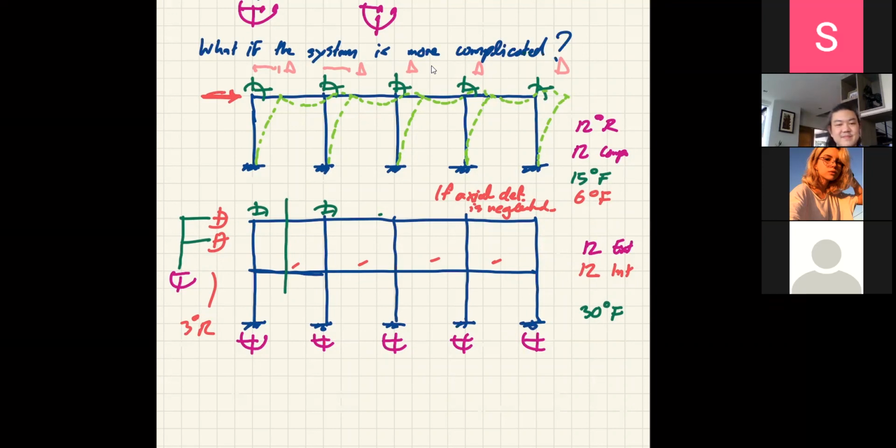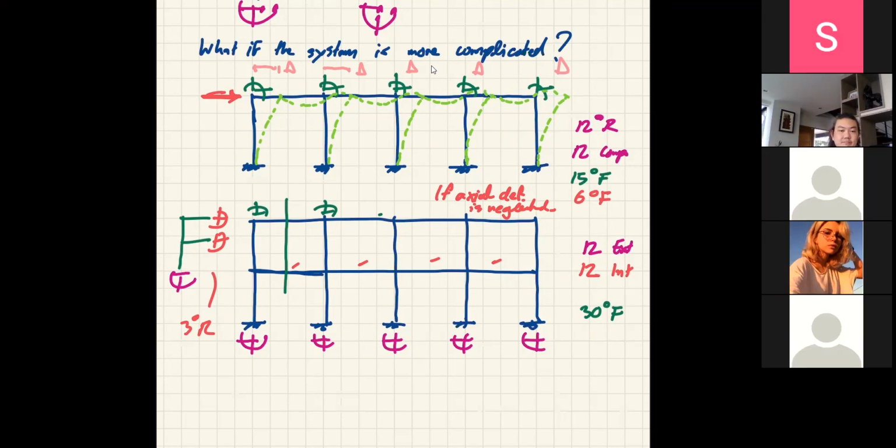How many? The rotation will be straightforward, right? It's just the horizontal displacement. What about 11? How many joints do we have? 10 joints, right? So that's 10 rotations, and 1 horizontal. Oh, 12, right? Yeah, good.